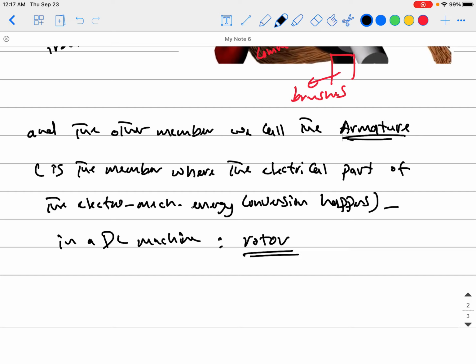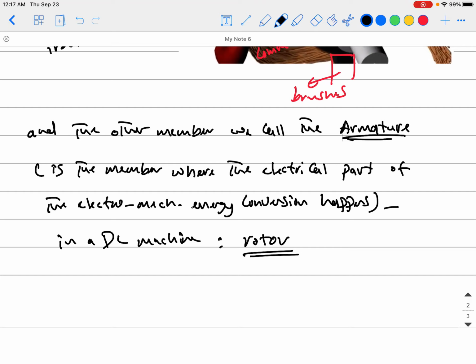That's the thing that holds your main magnetic poles that give you the magnetic field you need in your energy conversion process. And the rotor is the member that carries the armature winding, where the electrical part of the electromechanical energy process happens. In other types of machines, you will see different things. Sometimes the rotor will be the source of the magnetic field, while the stator will be the armature. This will be the synchronous machine, for example, okay? But it's another type of machine.